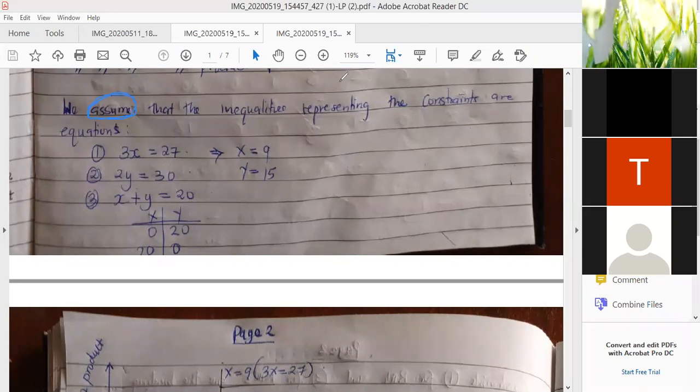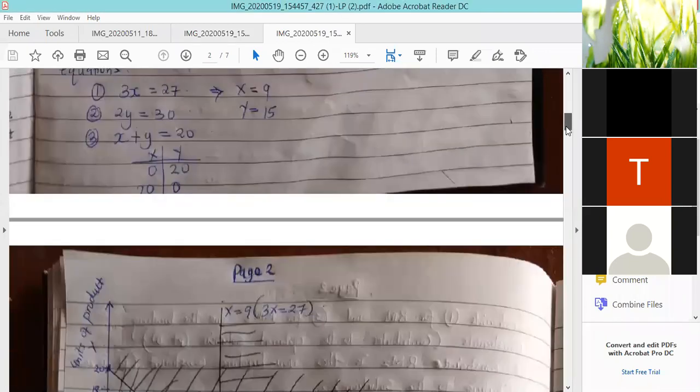So once you have assumed that your inequalities are like equations, you now go straight into plotting them on a graph. You can start with any line.